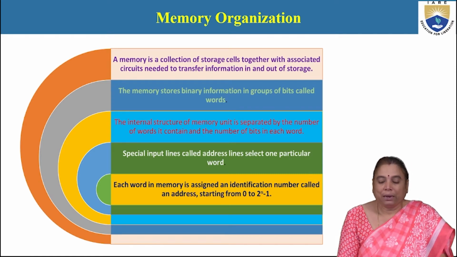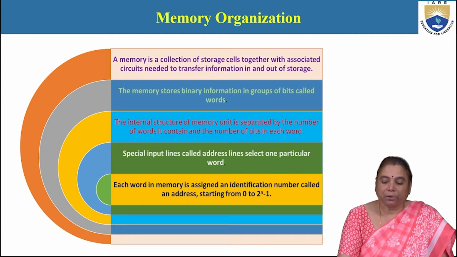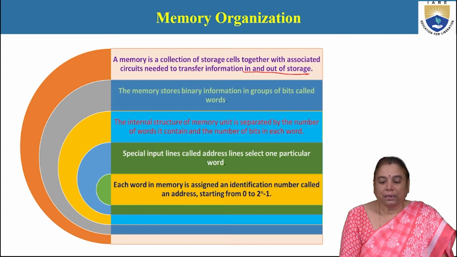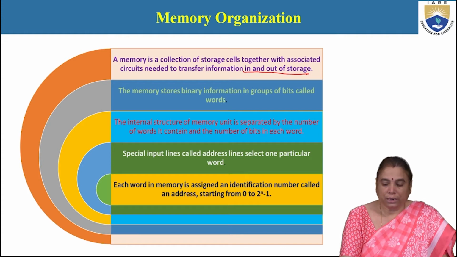Generally, a memory is a collection of storage cells together with associated circuits needed to transfer information in and out of storage. The memory stores binary information in groups of bits called words.